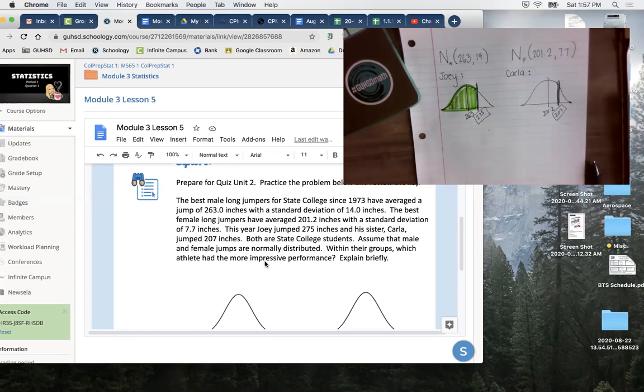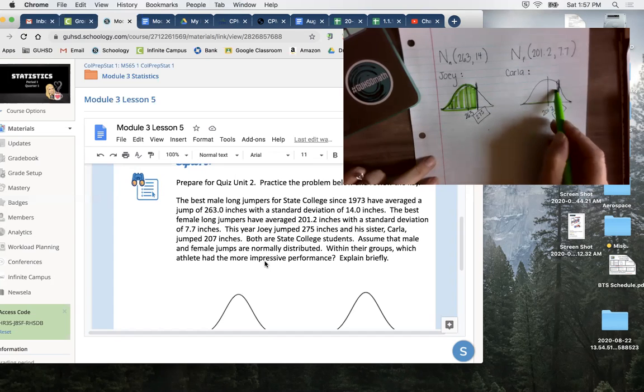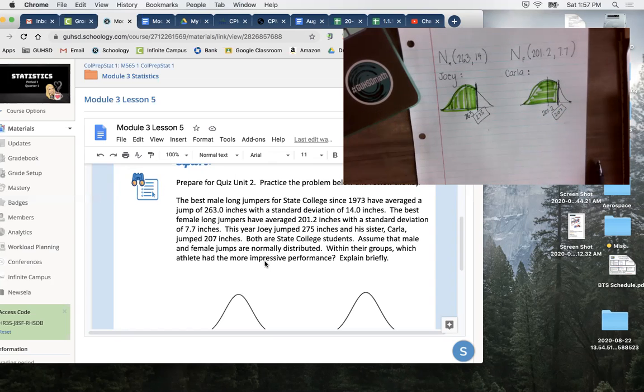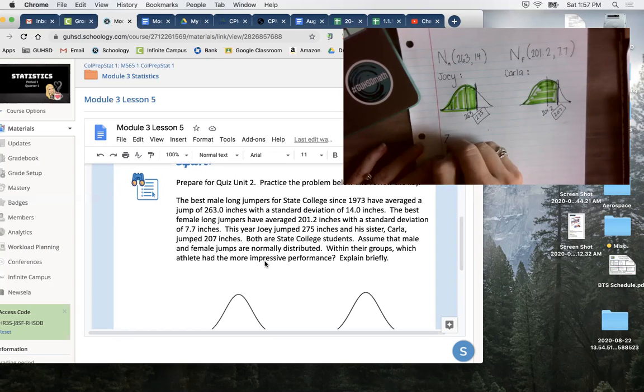So I will look at the percentile for her as well. So I'm going to shade down here so that we can get some practice with normal distributions. I actually wouldn't have to in order to answer this question. All I would have to do is figure out the z-scores, which is what I'm going to do now. So I've done step 1 of drawing the curve, I've done step 2 of shading it, and now I'm going to go on to the z-score.